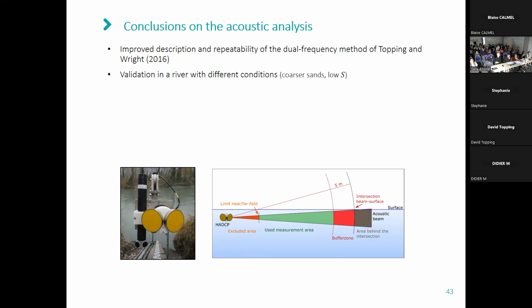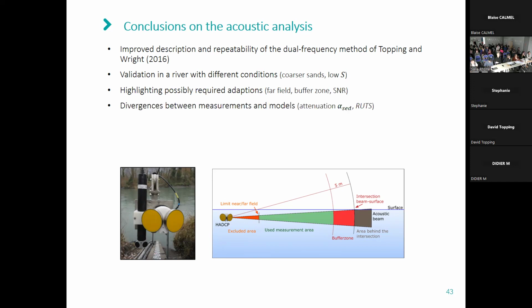I also validated this method in a river with different conditions, such as coarser sands and lower ratios between fine sediments and sands, and also highlighted possibly required adaptations, such as here on the near field or the buffer zone, as well as the SNR, which I haven't presented here. And finally, I've observed the divergences between the acoustic measurements and the models concerning attenuation and backscatter, which may be possible reasons for these important uncertainties in our acoustic estimates.